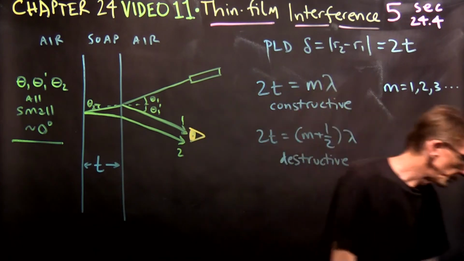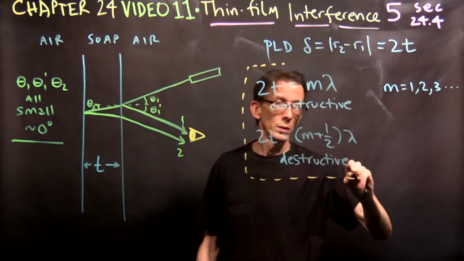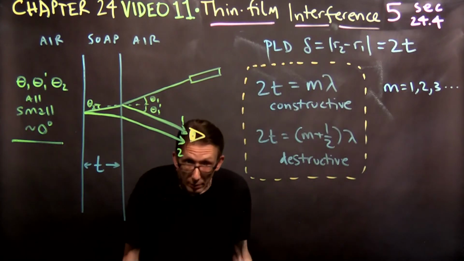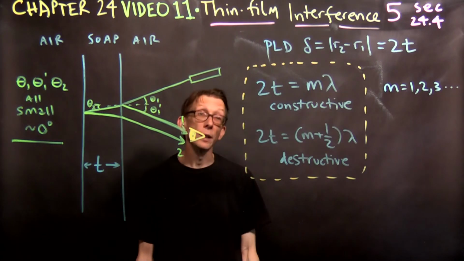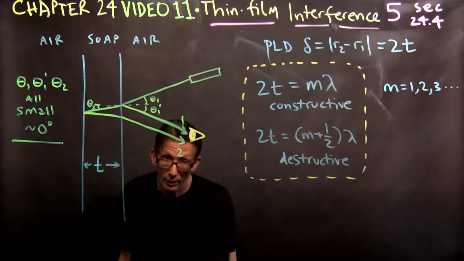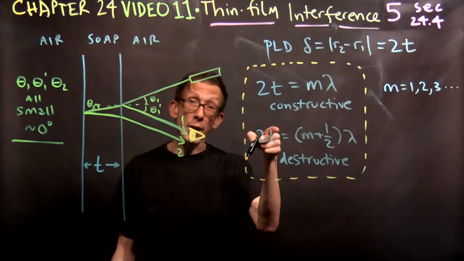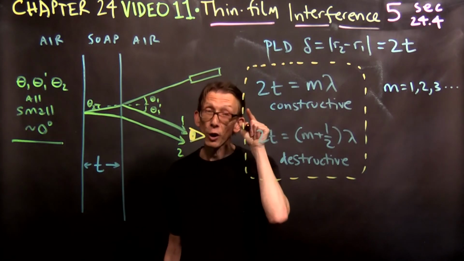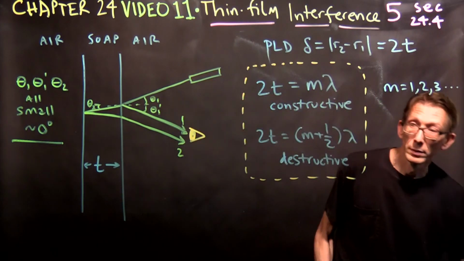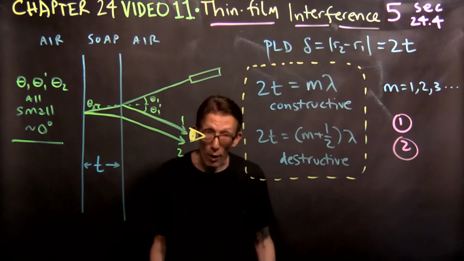Now I'm going to put a dotted line around this because this is not the answer. What we're trying to find ultimately is under what conditions we get constructive interference and under what conditions we have destructive interference. That's what we're looking for. This looks right, but it's not. We need to fix it two different ways, adjusting it for the two different topics that we've already discussed.